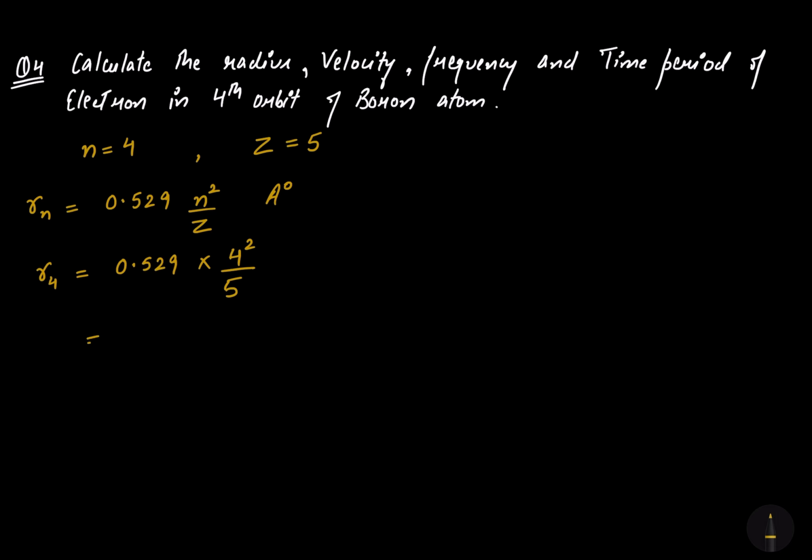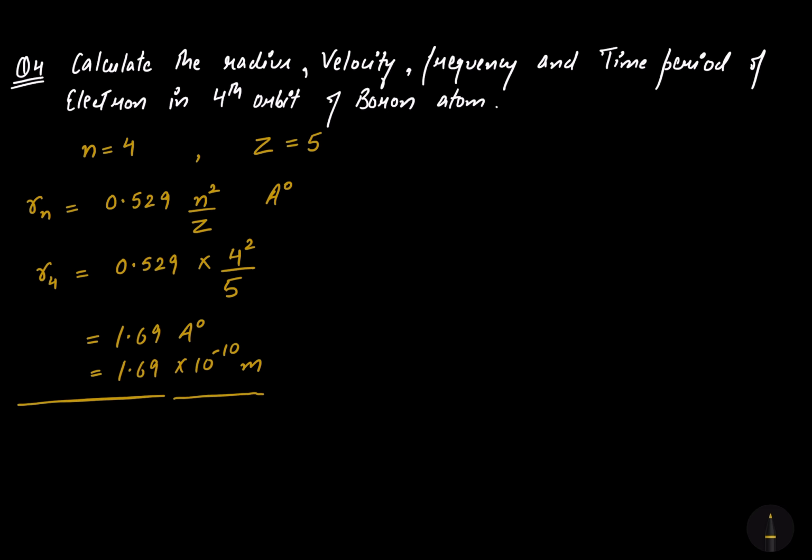This answer comes out to be 1.69 angstroms, or simply you can write 1.69 into 10 to the power minus 10 meters. So this was the first part of the question.